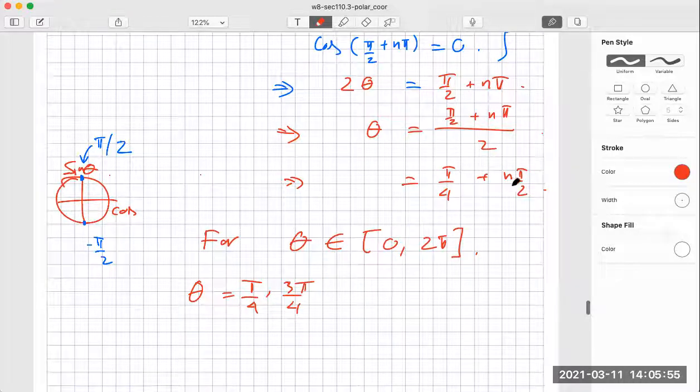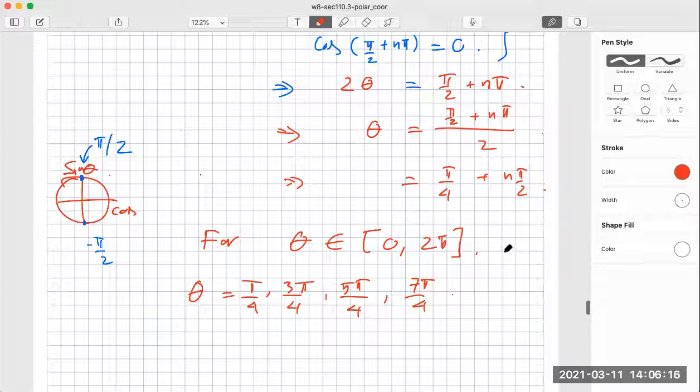If n is equal to 2, it will be pi plus pi over 4, which means it will be 5 pi over 4, still within 2 pi. When n is equal to 3, it becomes 7 pi over 4.